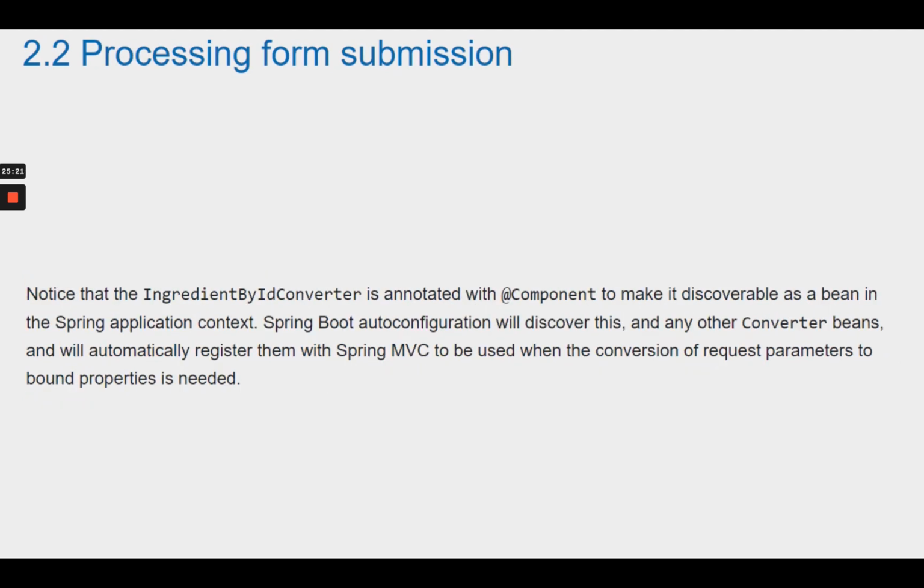Notice that the IngredientByIdConverter is annotated with @Component to make it discoverable as a bean in the Spring application context. Spring Boot autoconfiguration will discover this and any other Converter beans, and will automatically register them with Spring MVC to be used when the conversion of request parameters to bound properties is needed.